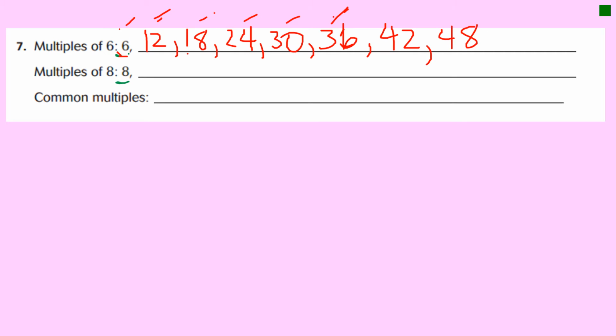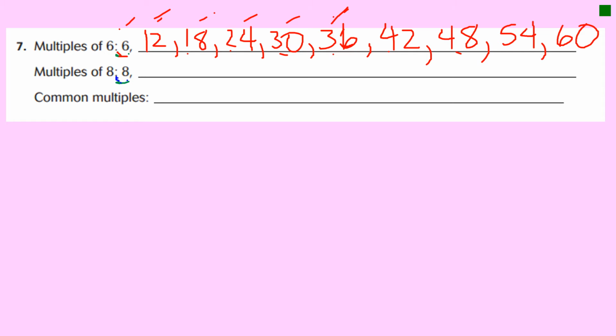Let's see, 1, 2, 3, 4, 5, 6, 7. We need 2 more because we have to do 9 of them. Okay, so then there's 54, and 6 more than that is 60. So you basically wrote your 6 times tables, right? Those are multiples.